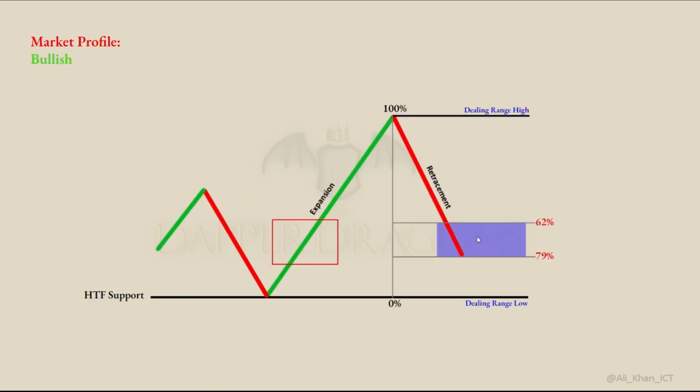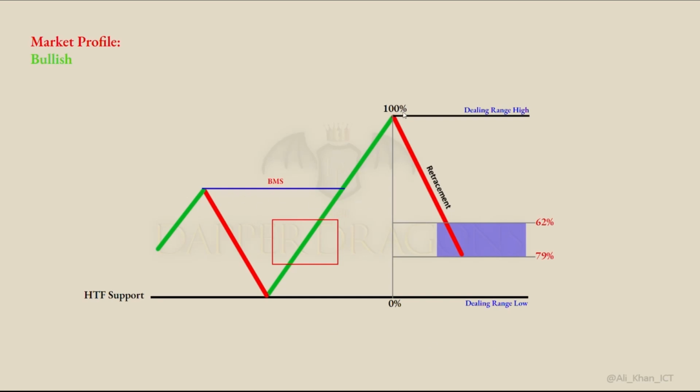To take this one step further, if the expansion leg moves away from a higher time frame support level and we have a swing high to the left of it, once we see a break in market structure, you see the low, the high, we take in sell side delivery, buy side delivery, and now we have the dealing range high and low.